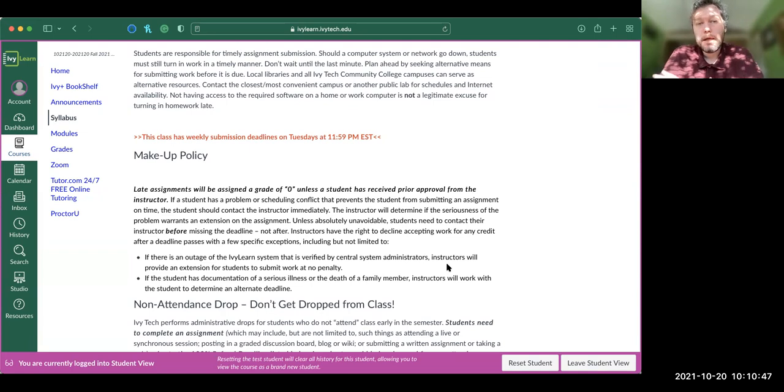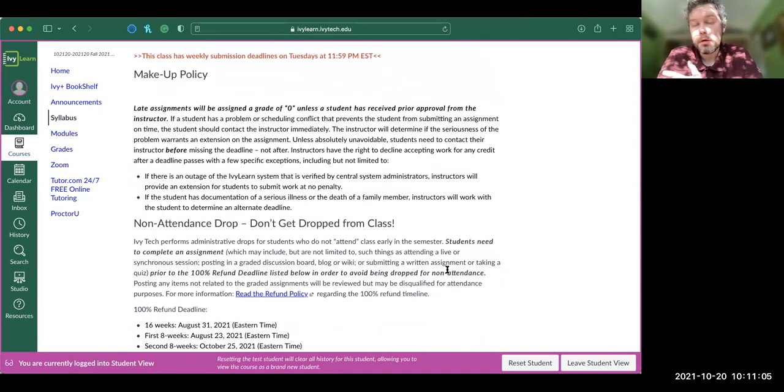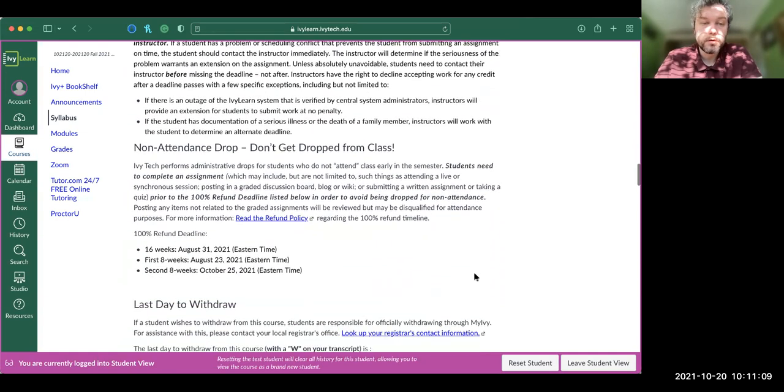So please, if something's going on, and I'm sure something will with somebody, right? With this many people, something's going to happen to somebody. But let me know what's going on, and we'll see what we can do to get you caught up. But yeah, it'll be zeros set to automatic.